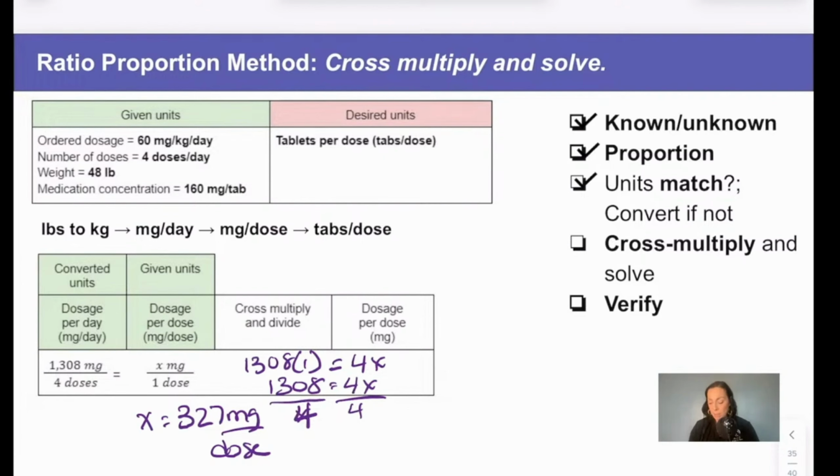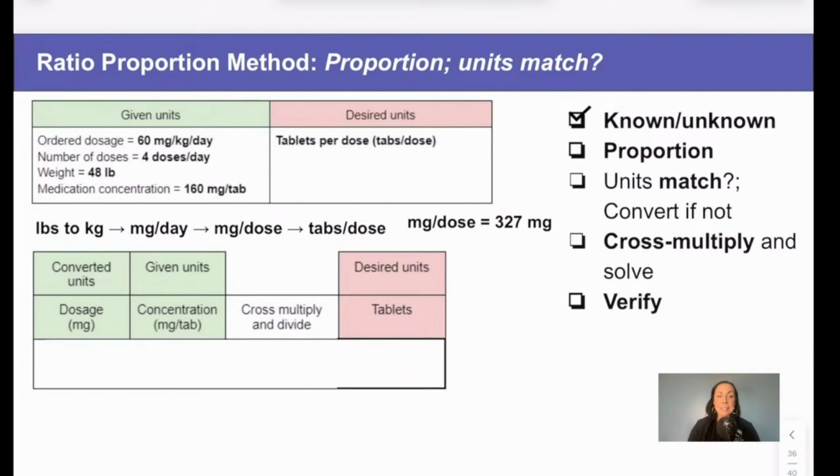Now that we have that figured out, we have done our pounds to kilograms, our milligrams per day, our milligrams per dose, and now we have one final step to figure out our tabs per dose. With this last step, remember, we had that label, and it told us that we had 160 milligrams per 1 tablet. We can take our 327 milligrams and write that, and we want to know the relationship to tablets. We want to know how many tablets we're going to be giving to get that 327 milligrams.